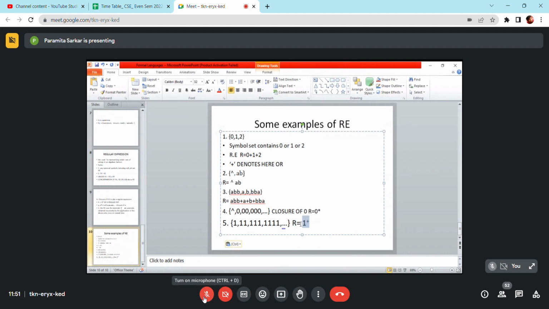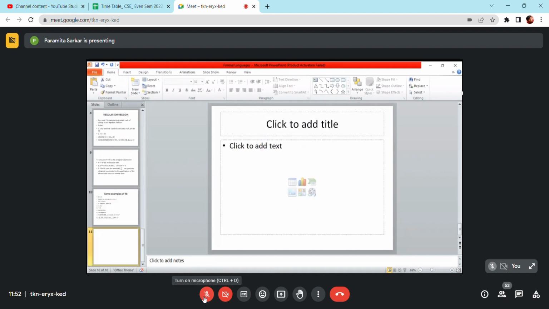That means it is without the empty symbol null. So these are the three rules of regular expression. Now, in expressing regular expressions, we have to use some identities. We have some identities of regular expression. What are those identities? Now we will see some identities.